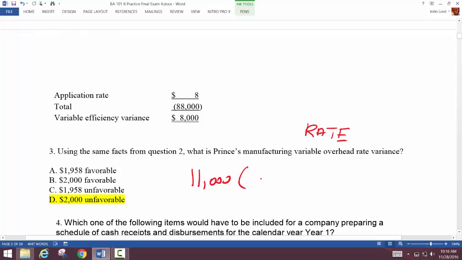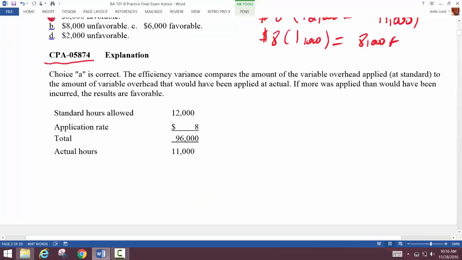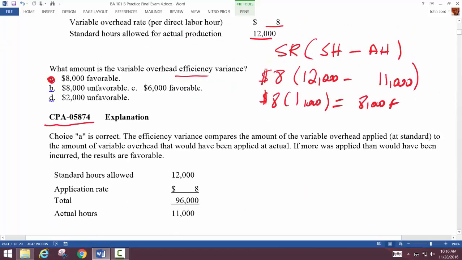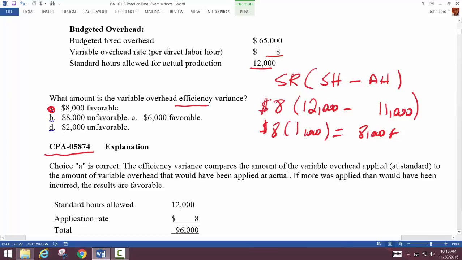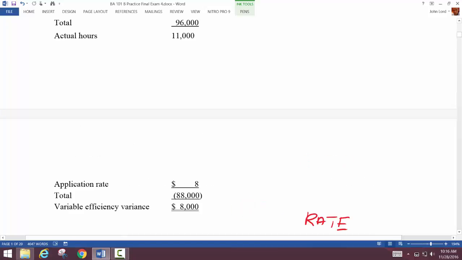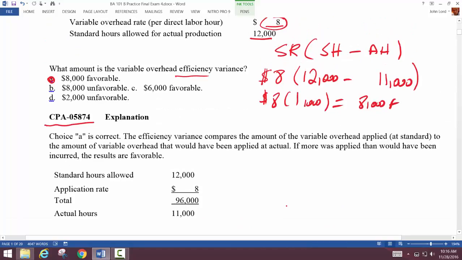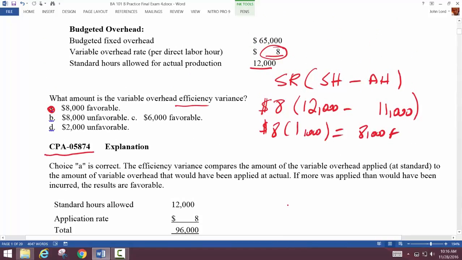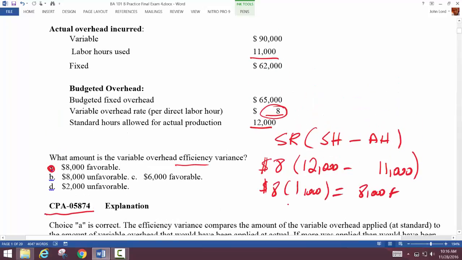The standard rate. Standard rate was $8. The standard rate we had already picked up is $8. And then we just have to subtract off of that the actual rate. Actual rate is what? We have to pick up the total that they spent. Their total that they actually spent was 90,000.